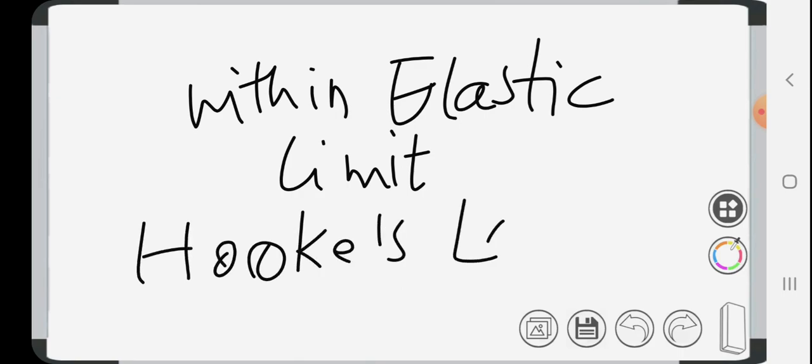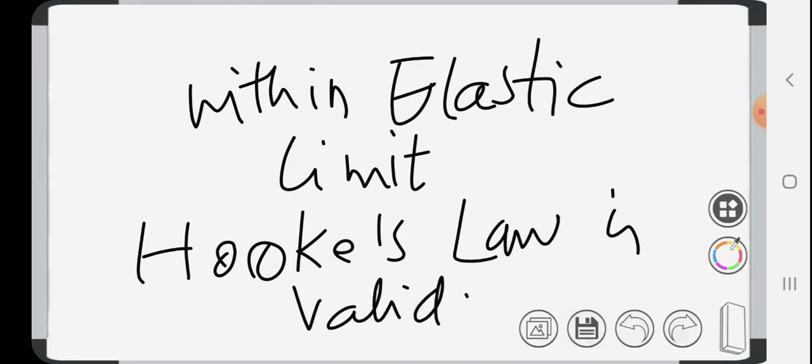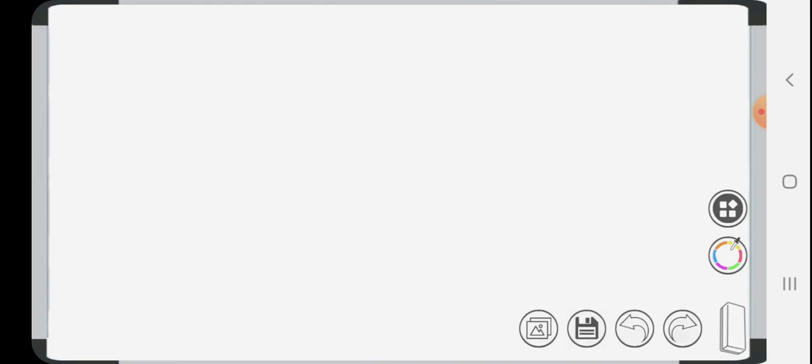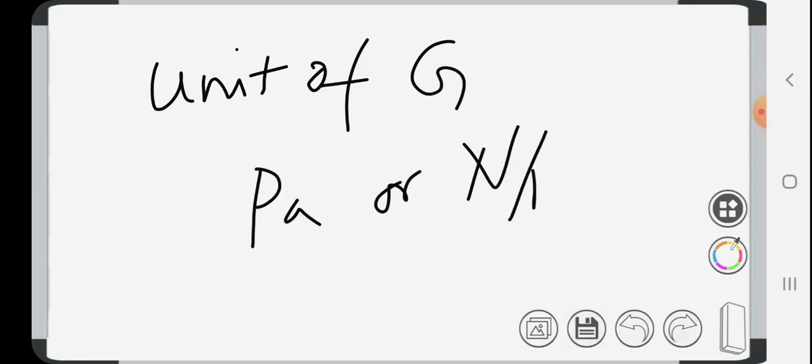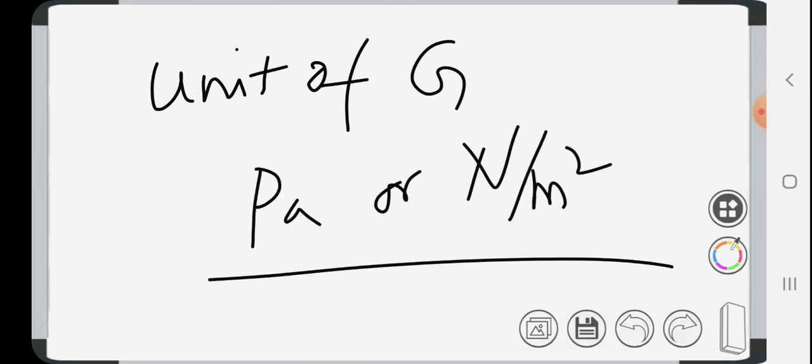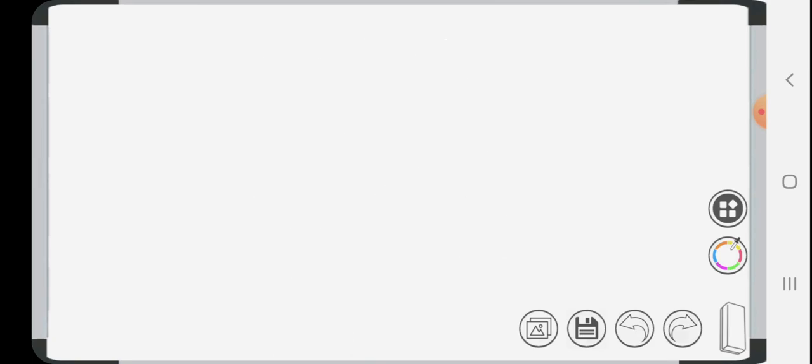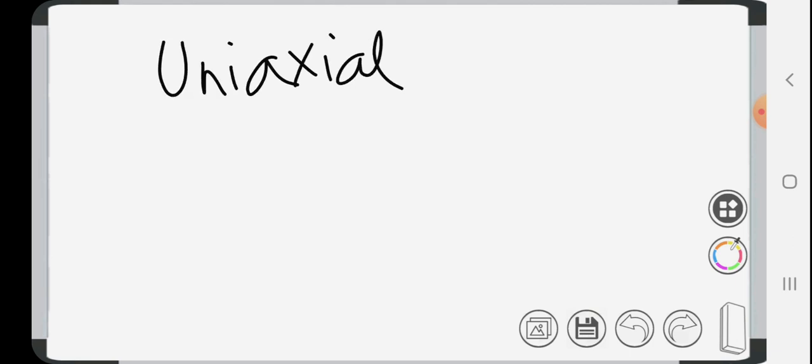So the unit of G, modulus of rigidity, will also be Pascal or Newton per meter square. Now we have to move to the uniaxial tension test.